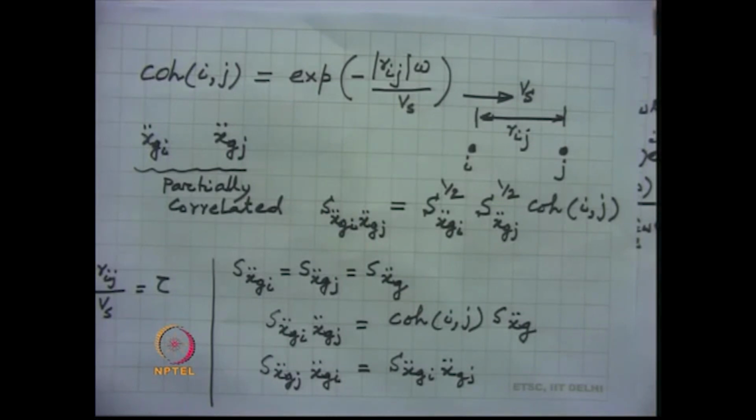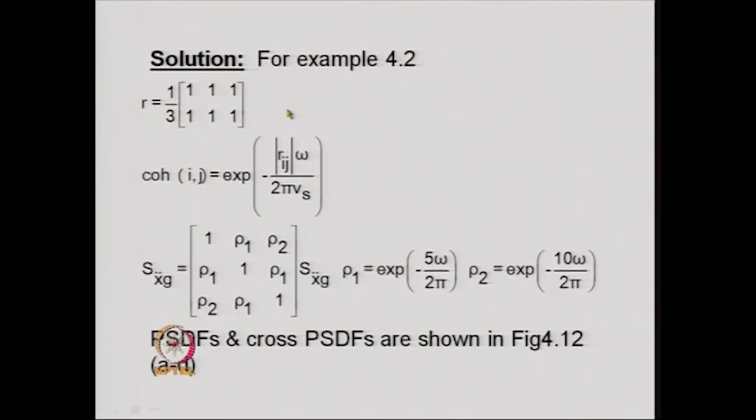Now, with the help of that, we obtained the power spectral density function matrix of excitation, that is given by this matrix. The R matrix we had computed before for this problem.